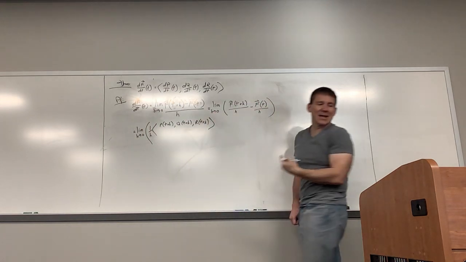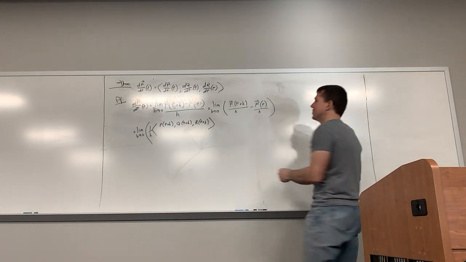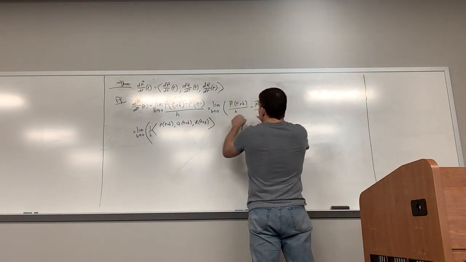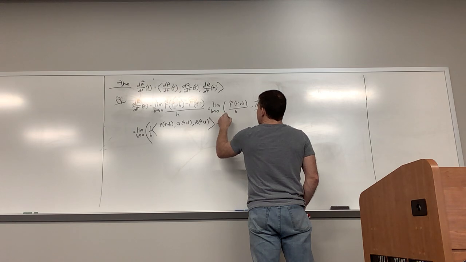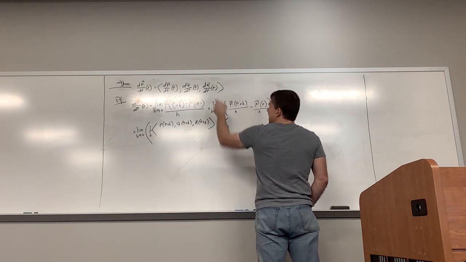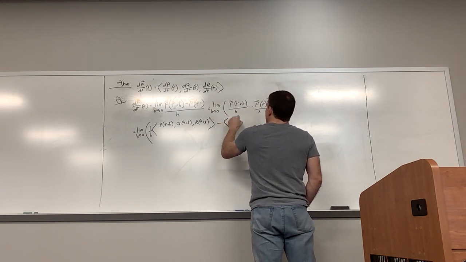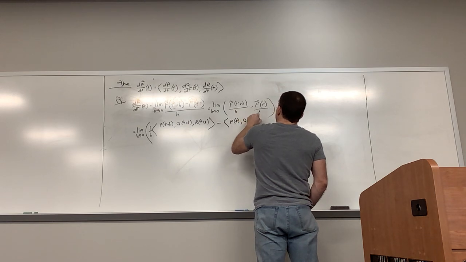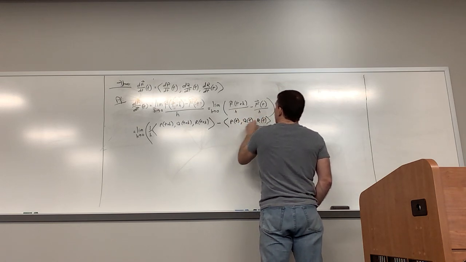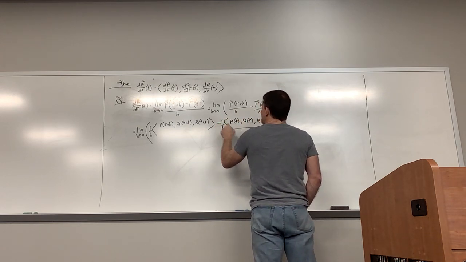I could bring that in right now. I'm just not going to. We'll separate it by one step. Then I have this minus, same idea, that's f of t, which is p of t, q of t, r of t, times 1 over h.